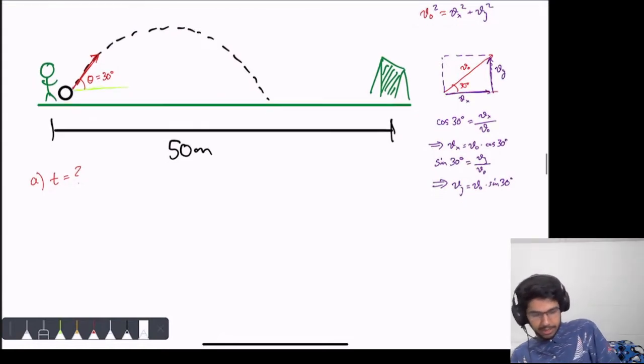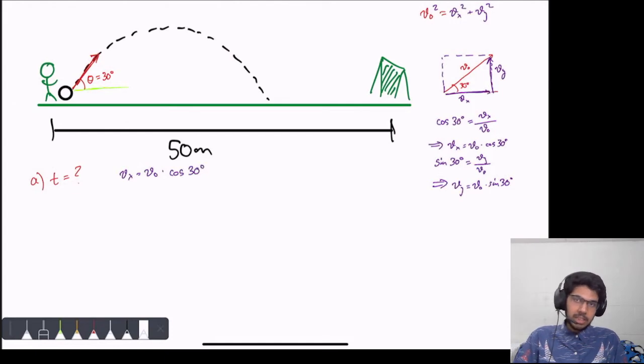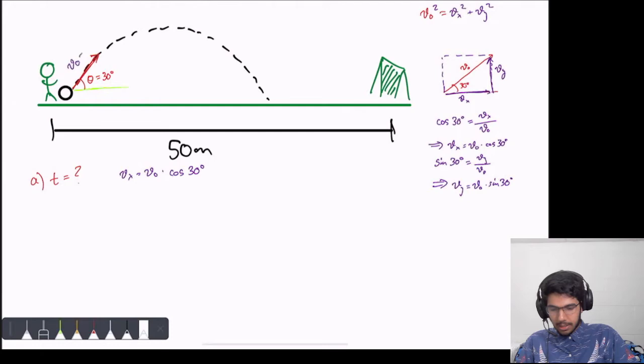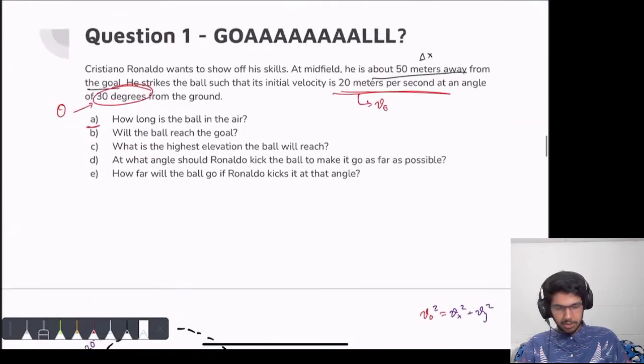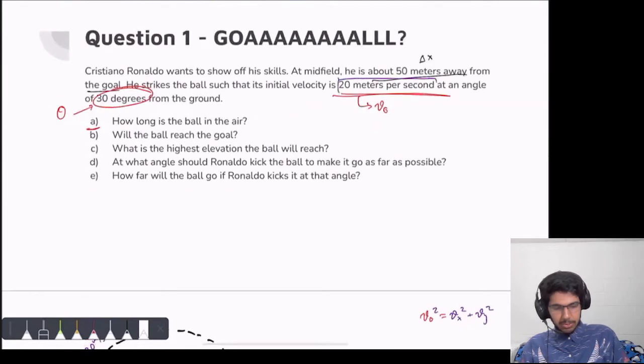And let me just rewrite it here. Vx equals V naught times cosine of 30. And we can actually solve for Vx because we're given V naught, right? V naught is given here, and this is equal to 20 meters per second, if we scroll back.